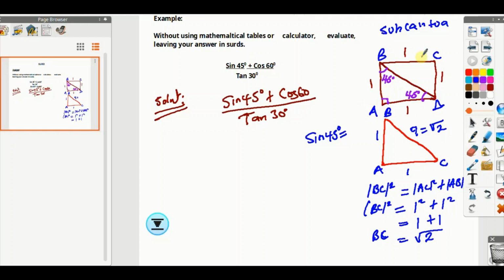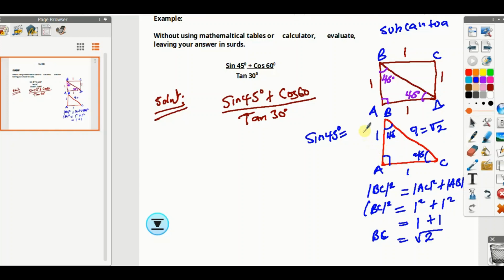Right. Now, see that we have our 45 degree here, and this side too is 45 degree. What is the opposite to this angle? Here is the opposite to this angle, while here is the opposite to this angle.